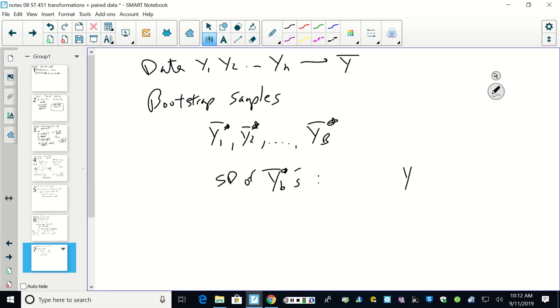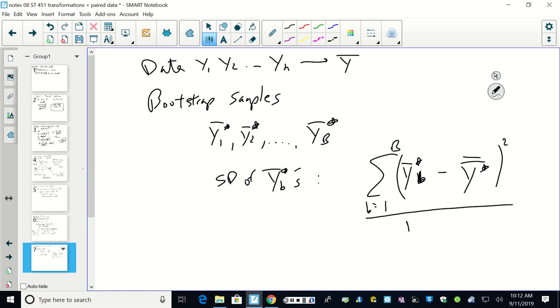If y bar star b is the average for one particular bootstrap sample, we can take the average of all those averages, and square them and add them up and divide by one less than the number over here. That is going to be our standard error estimate of y bar.